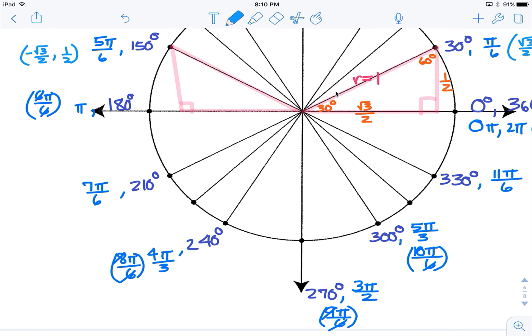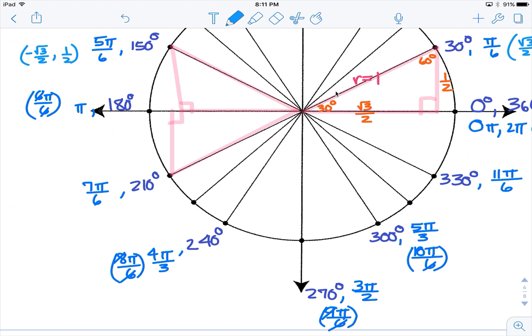When we reflect it into quadrant 3, not quite the right length there, but that's at the right place.